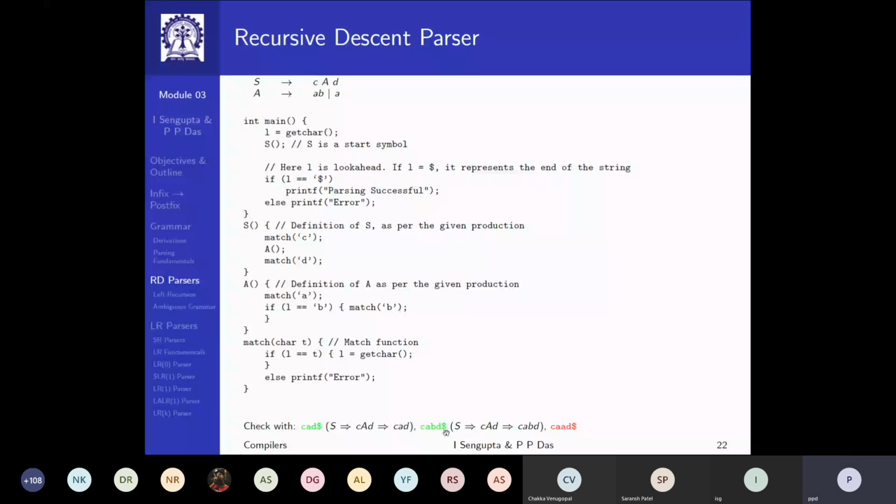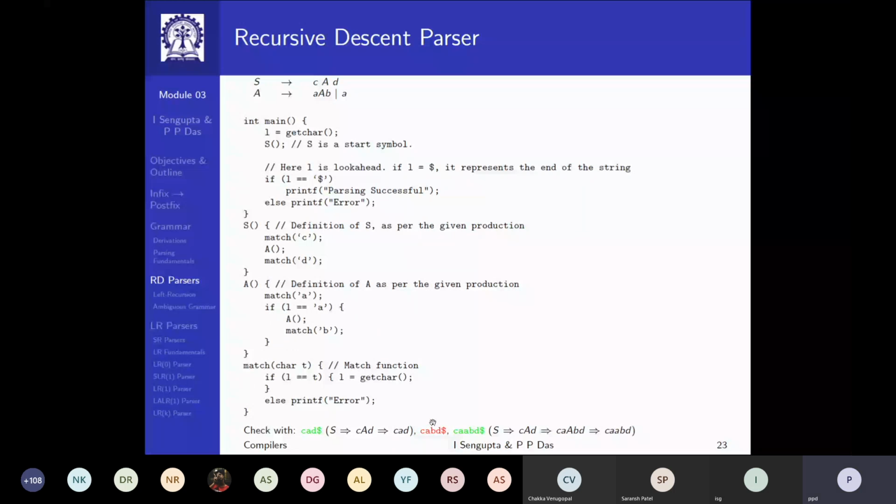Now you can see that CABD is not acceptable, because if you have done a production of CAD with S, and A is expanded just by the second production rule, then you get the first string. For the other one, you need to do the other, so you get ABD. But the moment you do this A, you need at least another A. So CABD is not possible.